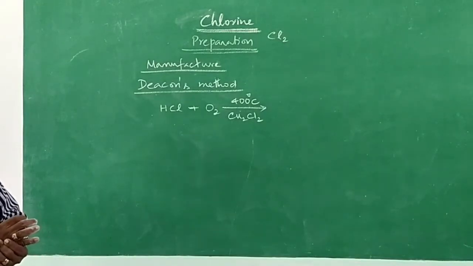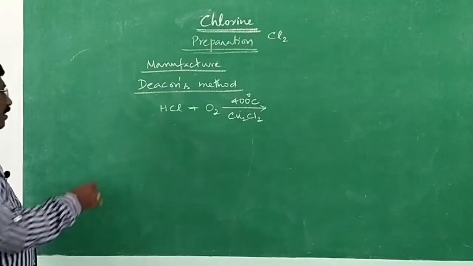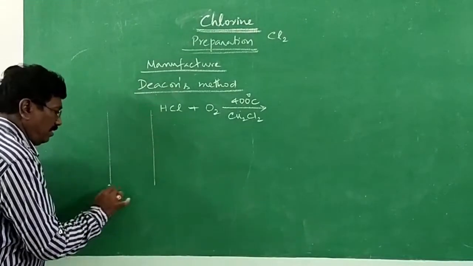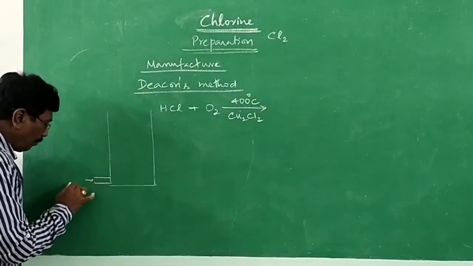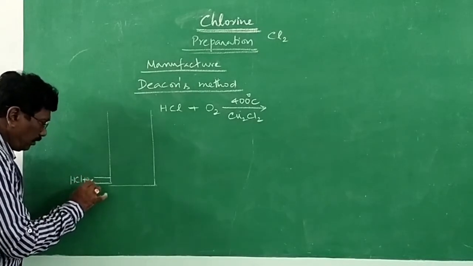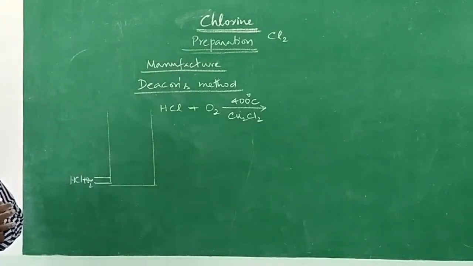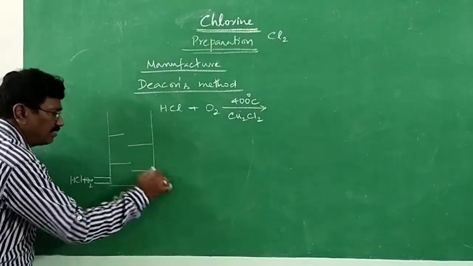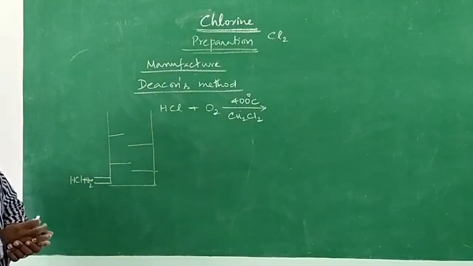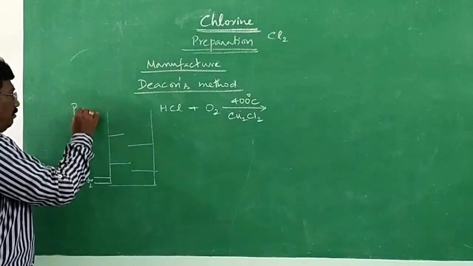So in the actual setup, we pass a mixture of hydrogen chloride and oxygen from the bottom to top. There will be a lot of hurdles like this, and pumice stone.